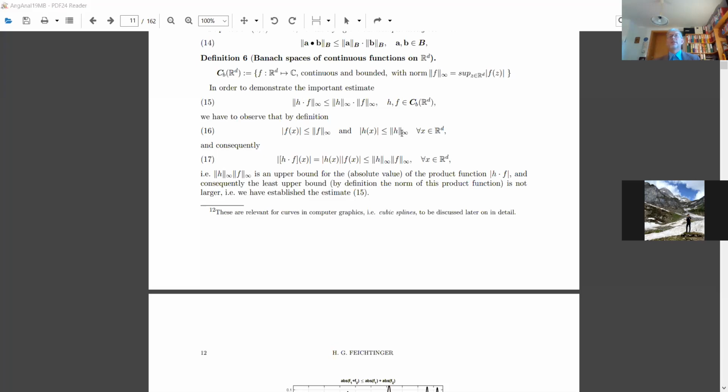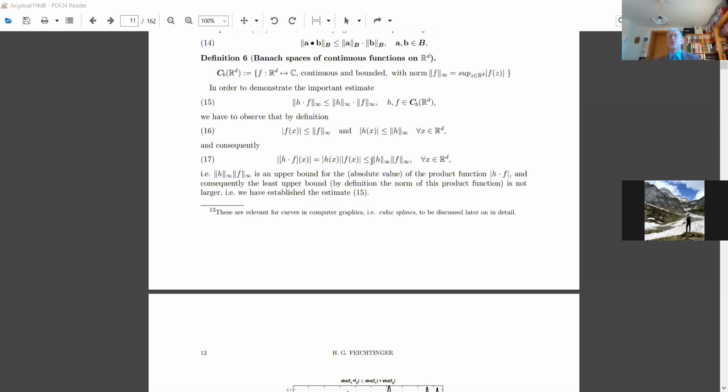Same for h. Now, what is the product function? It's the function which has h of x times f of x. Here I'm using the properties of complex numbers. Now, the absolute value of the product is at most, I mean, inequalities can be multiplied if everything is positive, giving the product here. So it means that this constant here is a good estimate, universal for all the arguments.